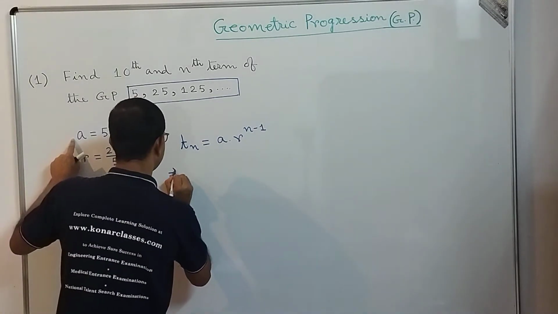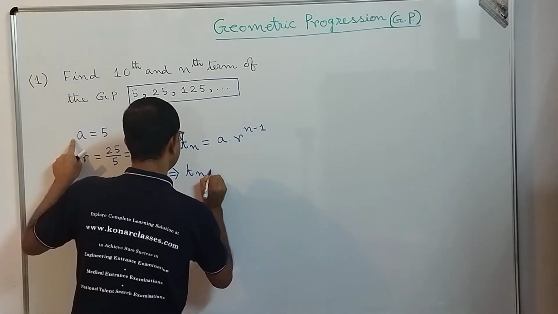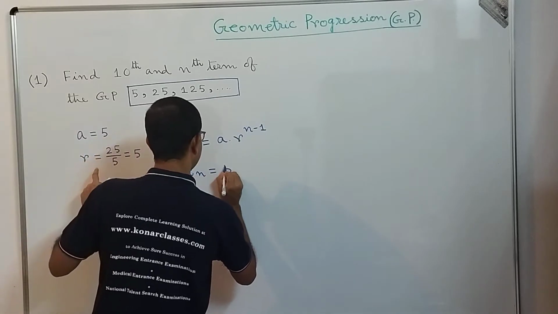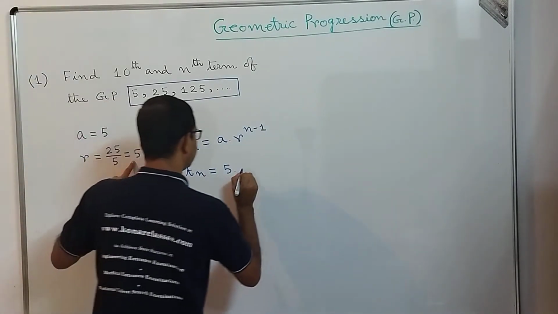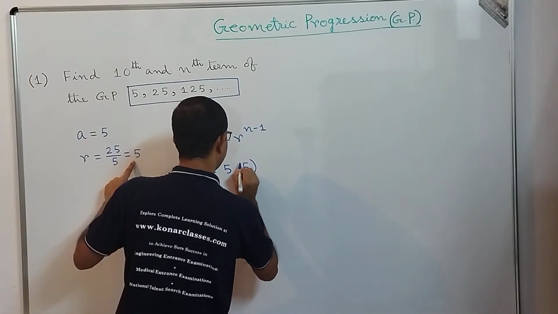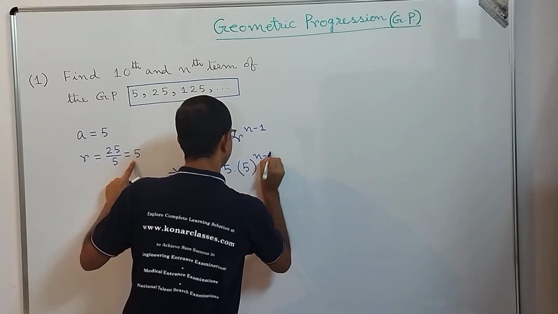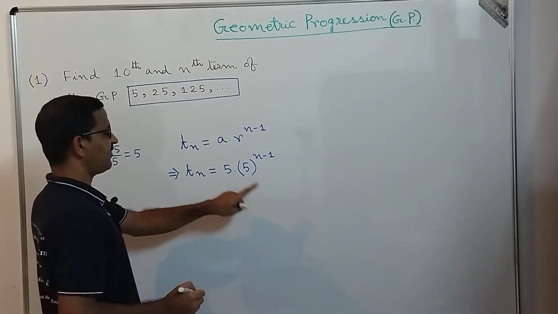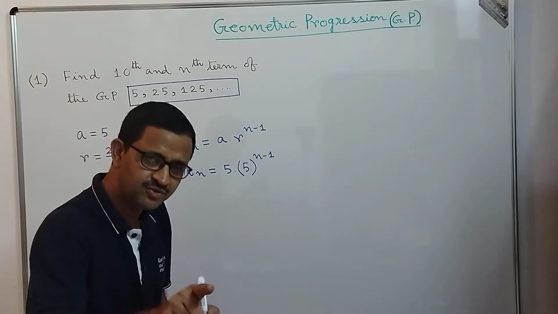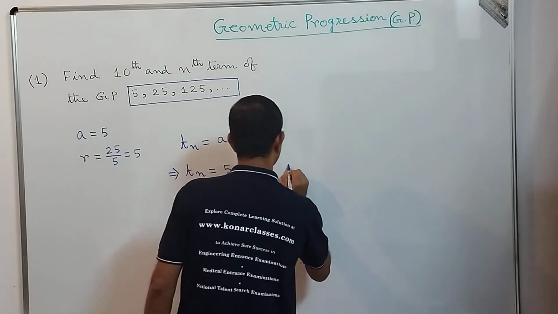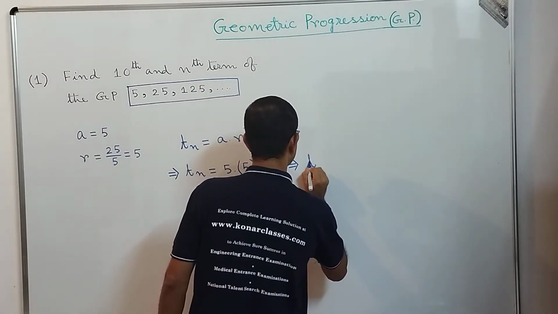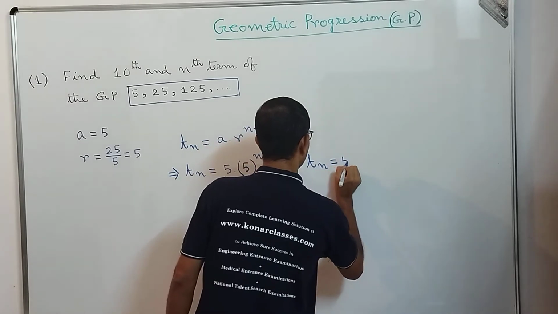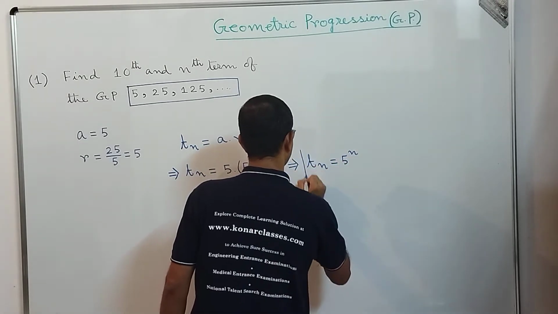So from here we can write Tn is equal to 5 into R. What is R? R is also 5, so 5 to the power n minus 1. So 5 into 5 to the power n minus 1 means 5 to the power n. So from here we get the nth term Tn is equal to 5 to the power n.